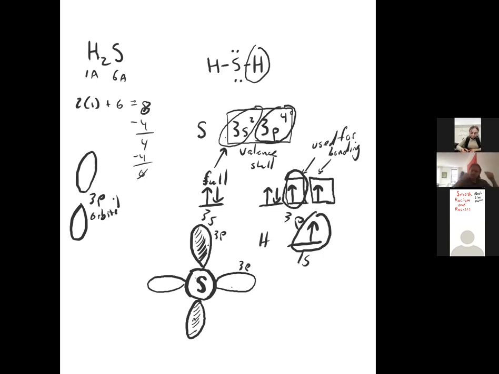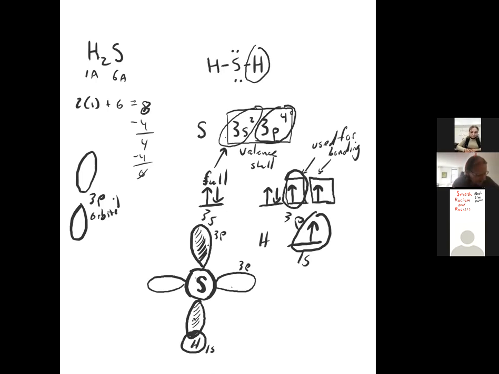They overlap. They form a bond. So I'm going to show that down here. I'm going to take my 1s orbital from my hydrogen. I'm making that way too big. Let's make it smaller. Here we go. So here's your hydrogen. There's your 1s orbital. There's your overlap. There's a bond.